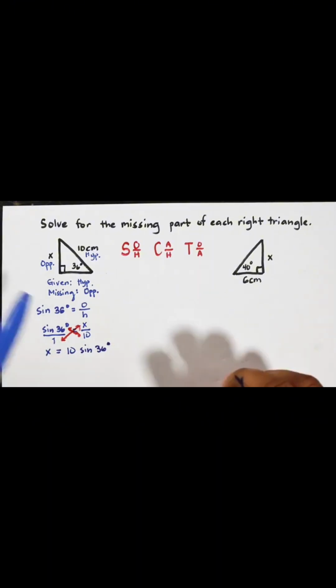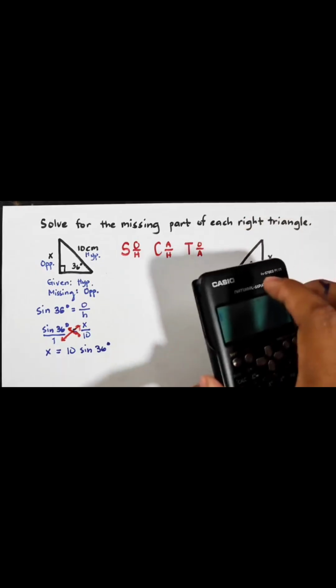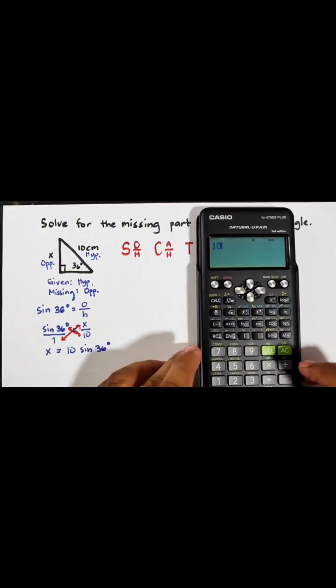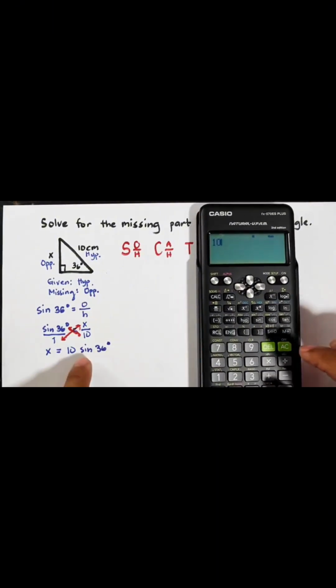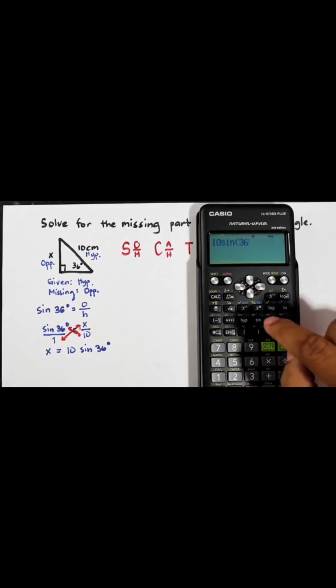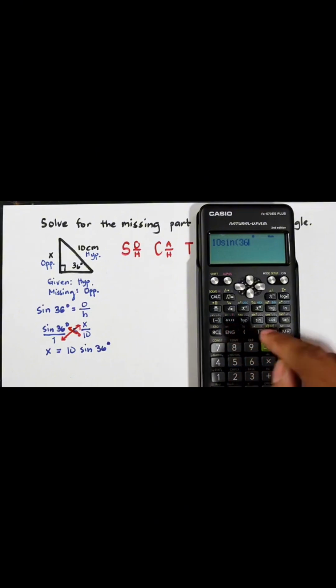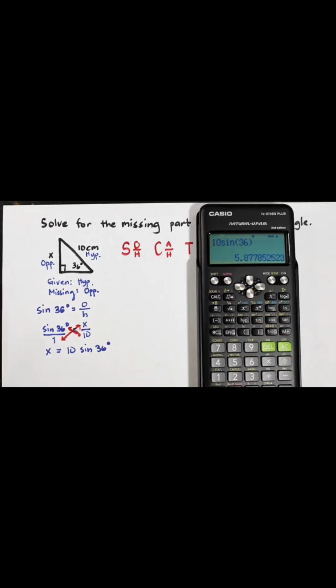To get the value of x, we will use the calculator. To simplify this, input first 10 and then press sine 36. You don't need to press the degree symbol, or you can simply close the parenthesis and then press the equal sign. As you can see, we have 5.87785.